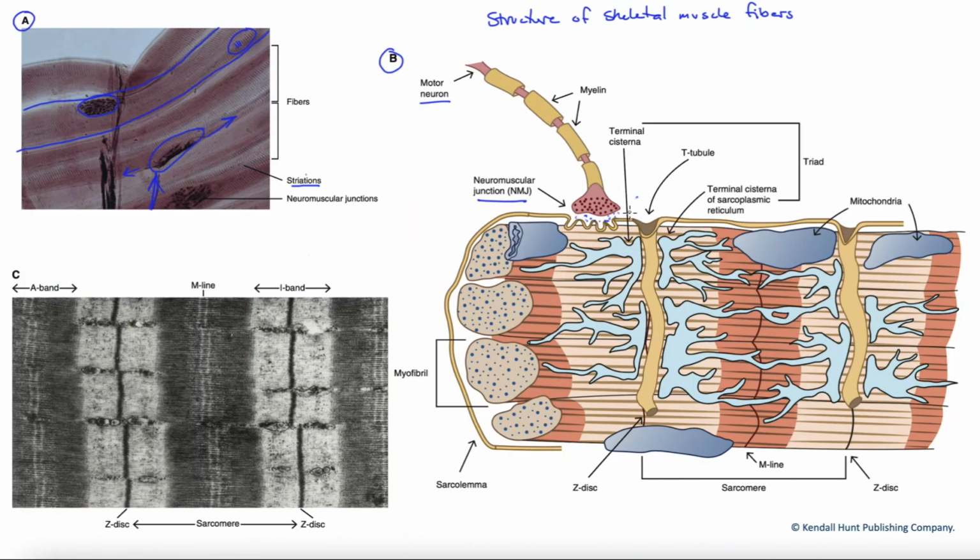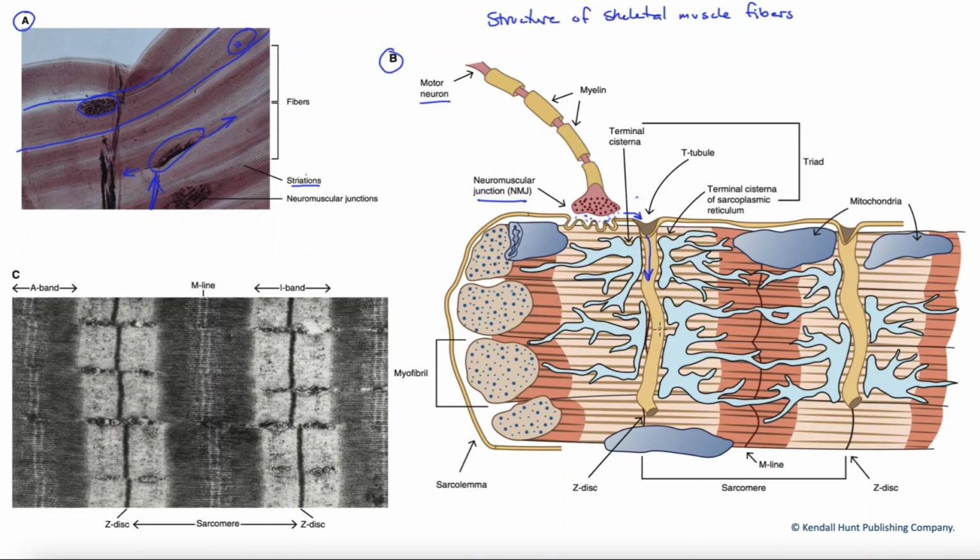And then, as I mentioned, we would get an action potential that would travel outward from this because of voltage-gated channels. Now, what we see is that the membrane of the muscle cell, referred to as the sarcolemma, invaginates. We have these deep indentations into the muscle fiber. And that allows our action potential to actually travel down deep inside this cell.